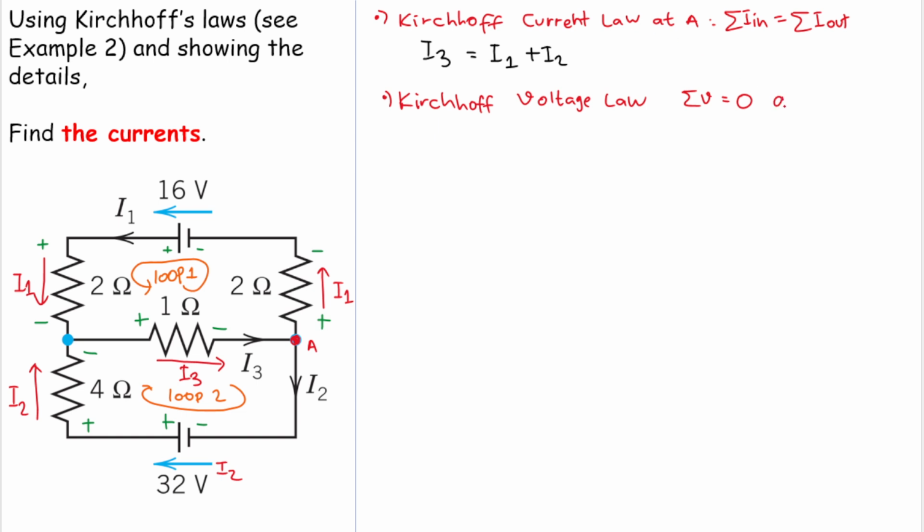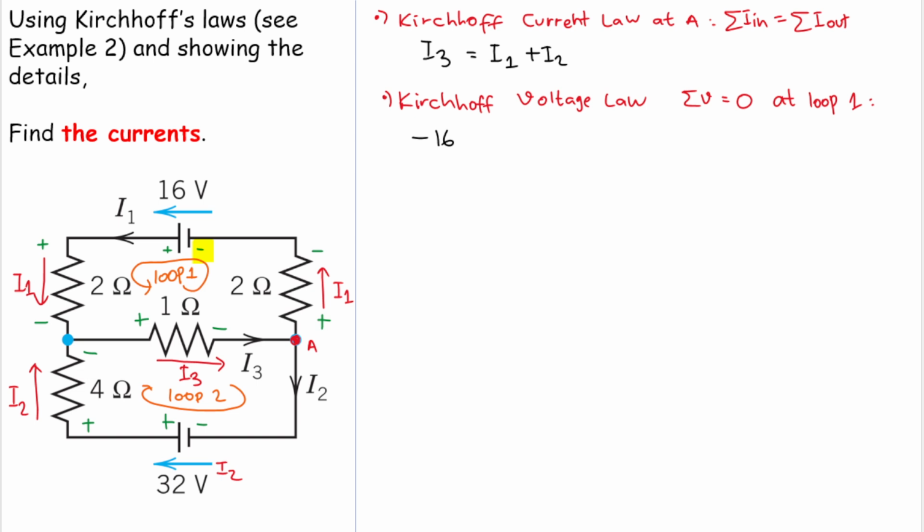So we will have loop 1. Okay, let's start from this battery here. The loop is entering from the negative terminal, so I will have a minus sign. And remember, this is voltage, so I will have 16 volts. So I will have minus 16.